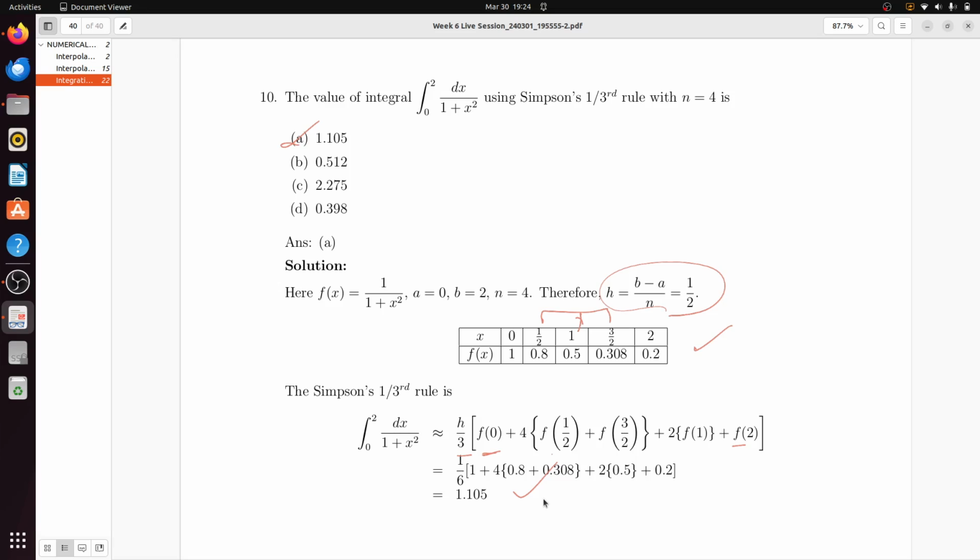Just to summarize today's session: we have discussed two important parts. One is the trapezoidal rule, the other is Simpson's one-third rule. I hope you will watch my YouTube videos and try to learn these things, and I wish you all the best for your upcoming NPTEL exam.